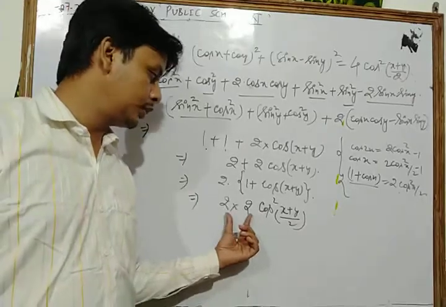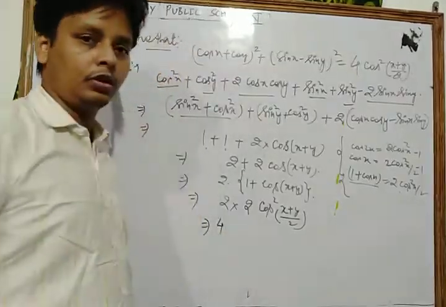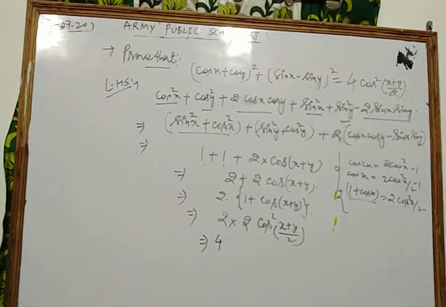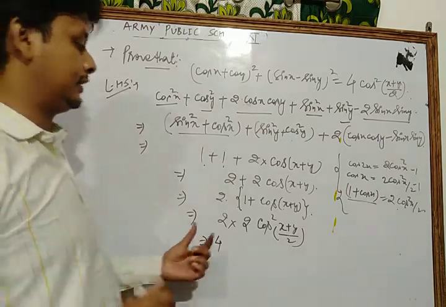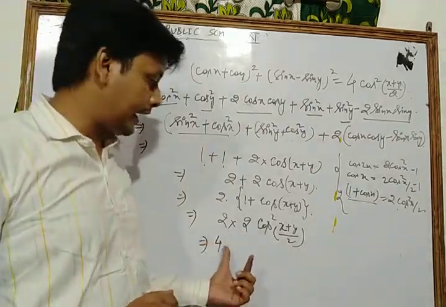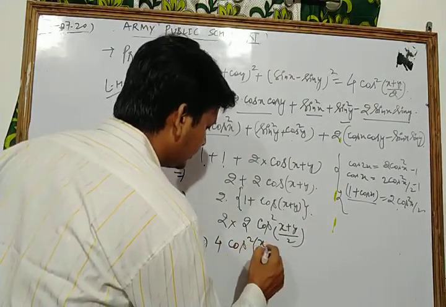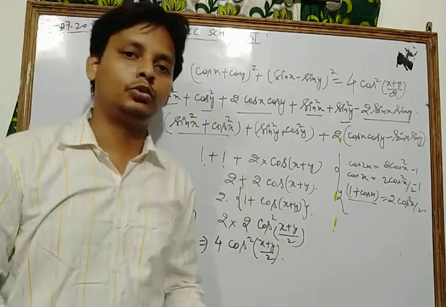So 2 2s are 4, and 4 into cos square x plus y by 2.